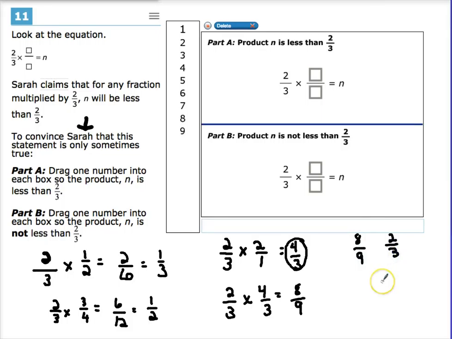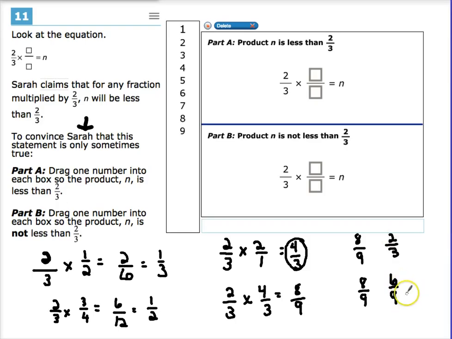And 2/3. I want to be able to really compare them, so I want to make equivalent fractions. So I'm looking at 9 and 3, and I know my common denominator is going to be 9. So I'm going to put a 9 here. And 3 times 3 is 9. So I'm going to have 2 times 3 is 6.